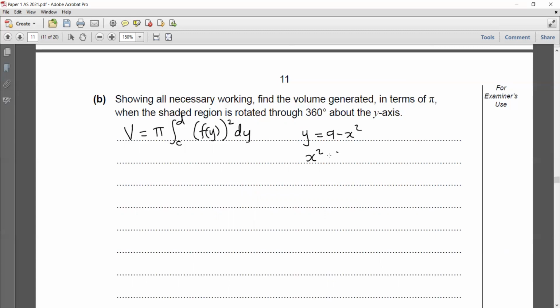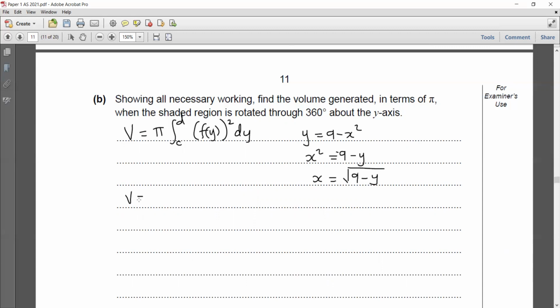So you have x squared is equal to 9 minus y, and then to find x, you take the square root on both sides. We have x is equal to the square root of 9 minus y. Okay, and then this f of y is what you are going to substitute over there.